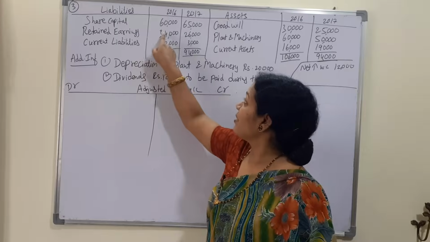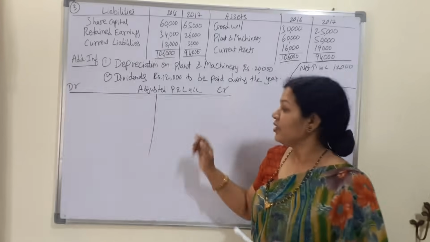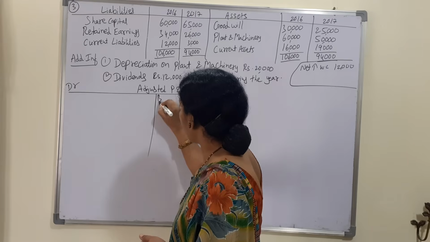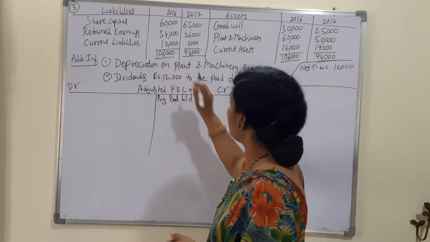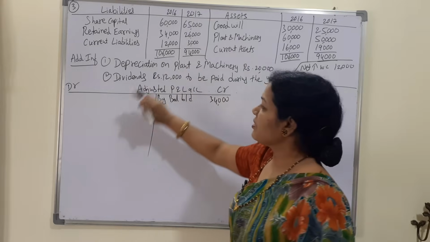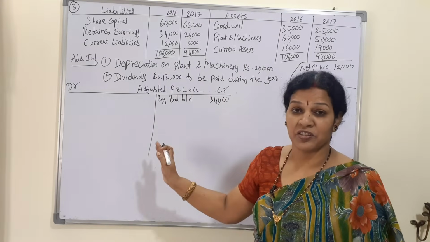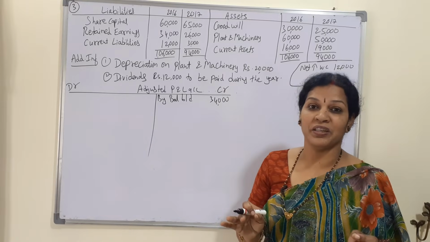So retained earnings are 34,000 and 26,000. The opening balance is always on the credit side, so we write by balance brought down, 34,000. The closing balance we write lastly. If any transactions are there, we write them, and lastly we write the closing balance of the retained earnings.